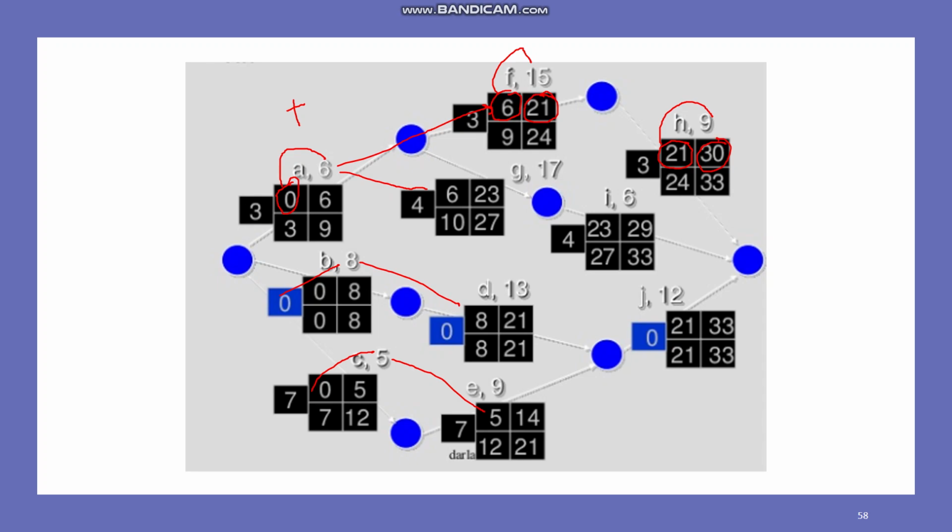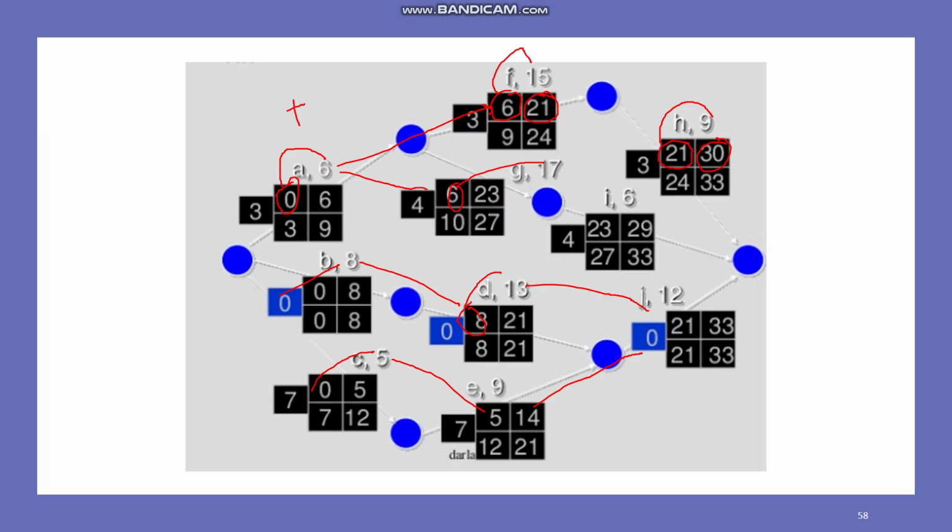If we go forward here, I: 6 plus 17, so this becomes 23, and 23 becomes the start time of I. Looking at D, we have 8 plus 13, which equals 21. And similarly for E, 5 plus 9, 14.